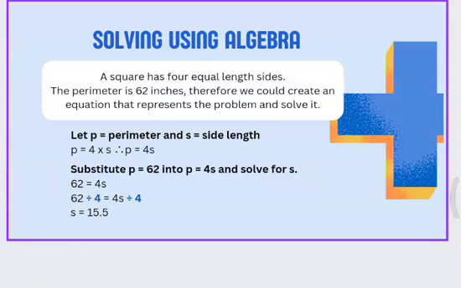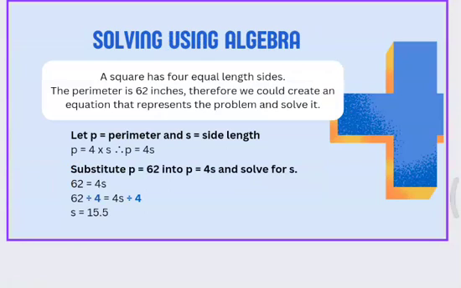The same question: a square has 4 equal length sides. The perimeter is 62 inches. Therefore, we can create an equation that represents the problem and solve it. Now, I stated earlier that when you want to solve using algebra, we represent them with variables.